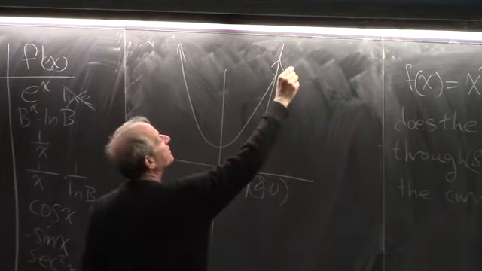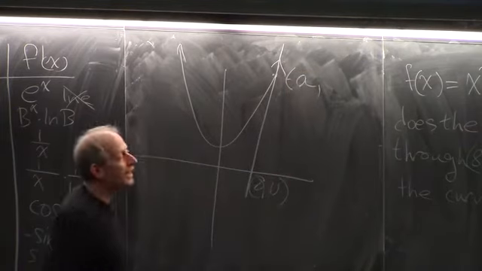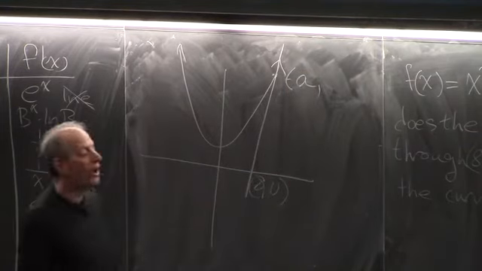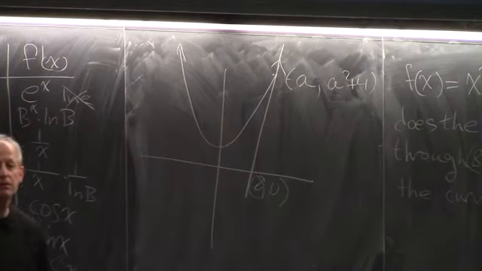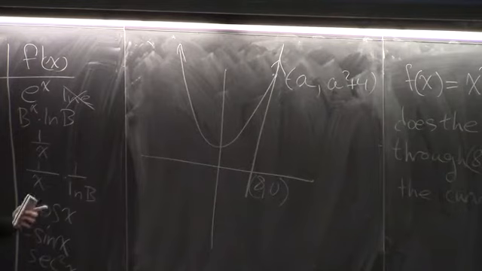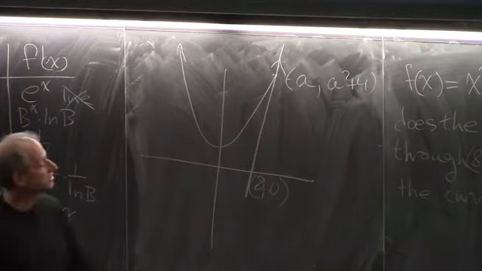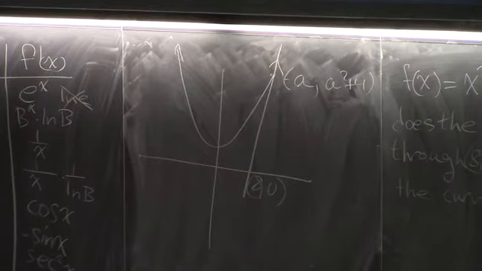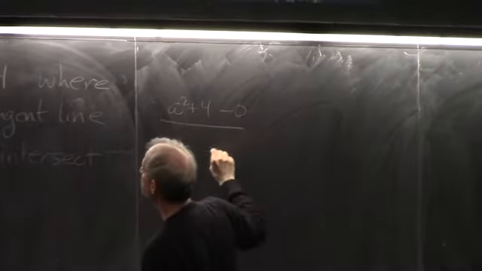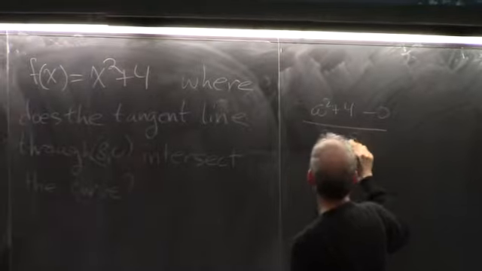So it's going to intersect at some place where x equals a and y equals a squared plus 4. And now you've got to find the slope. Well, the slope is difference in y's, a squared plus 4 minus 0, over difference in x's, a minus 8.